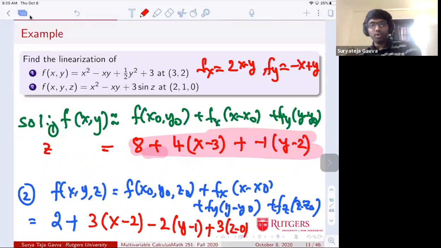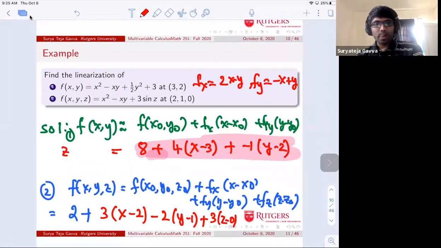Questions on this? It is literally the same formula that we're using. The expression that we compute is called the linearization. What do you mean by this?